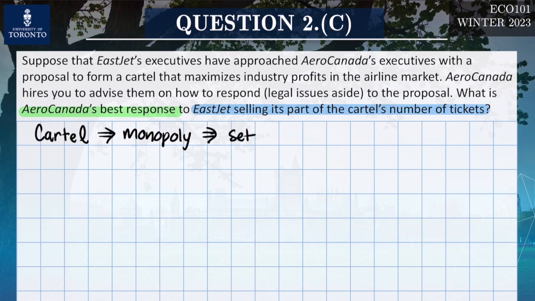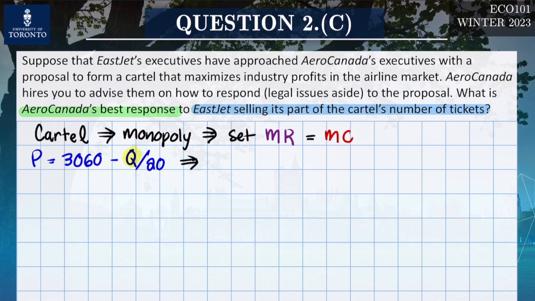You know that a monopoly also sets marginal revenue equal to marginal cost, and a monopoly will face a demand function that is the entire demand function for the market with one quantity produced by one single firm. So we won't need a marginal revenue function with two variables anymore. It will just be like a monopoly question.